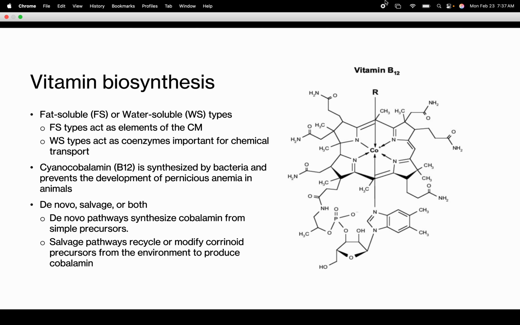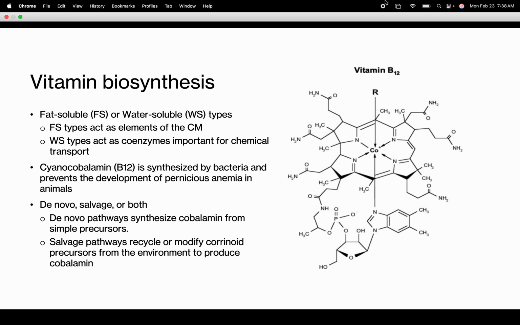As an example, I want us to look into the synthesis of B12, cyanocobalamin. It's a vitamin synthesized by bacteria, and for animals, it's important to be part of our diet so that we don't get anemia.